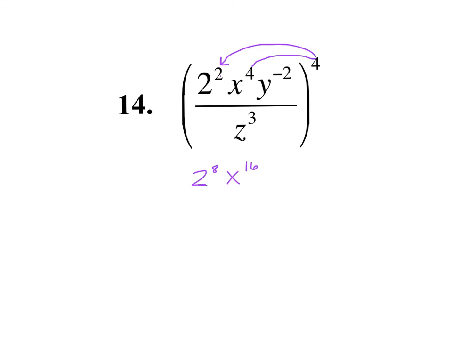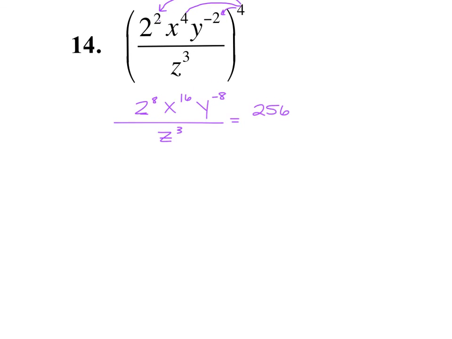And then y to the negative 2nd to the 4th is y to the negative 8 over z to the 3rd. 2 to the 8th, you need to simplify. That is 256. What else needs to change here? Oh, sorry. Yes. Z to the 12th. Good job.